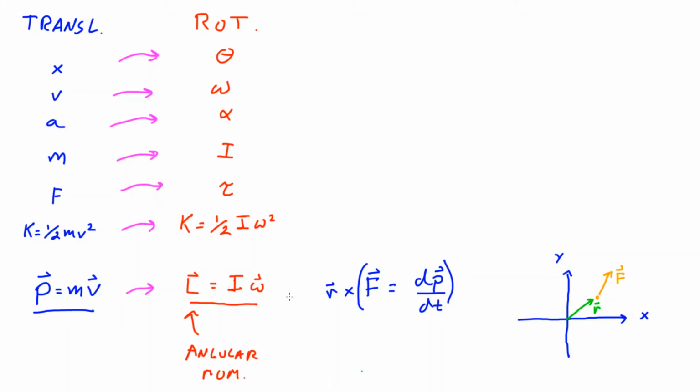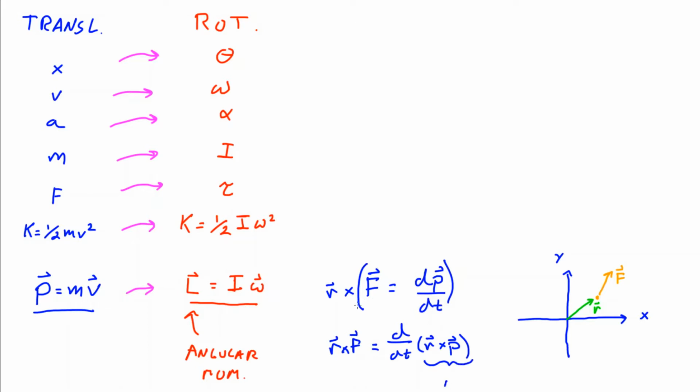So let's do this cross product. Well, on the left side we get r cross F, and on the right side I'm just going to move that r inside of the derivative here, and I'm going to say this is d by dt of r cross p. Well, r cross F, that's just torque, and r cross p we can define as our new angular momentum.